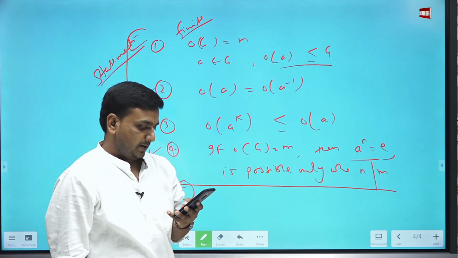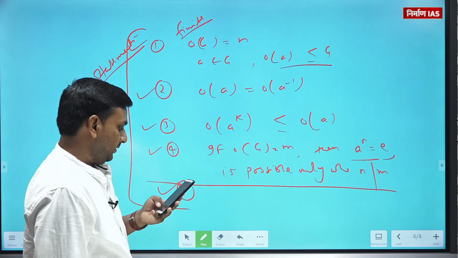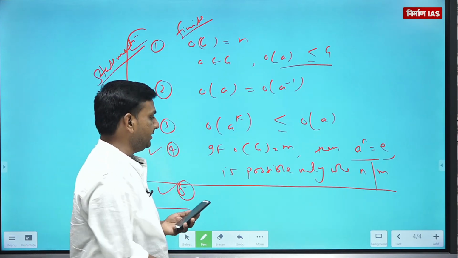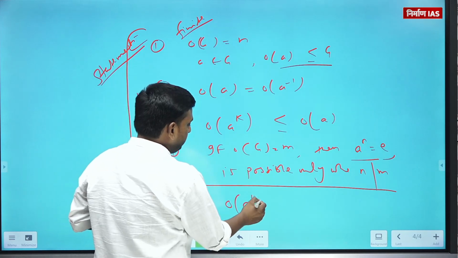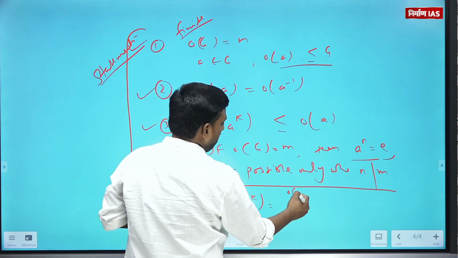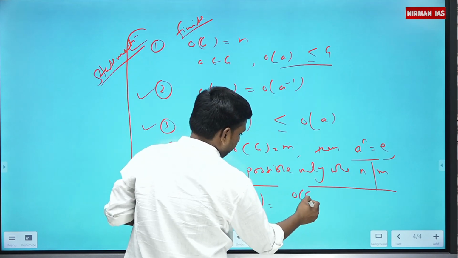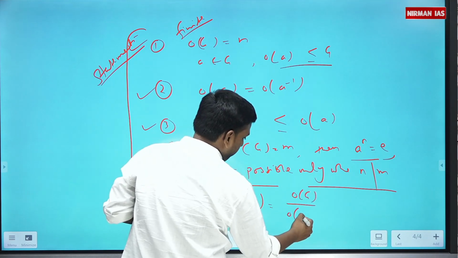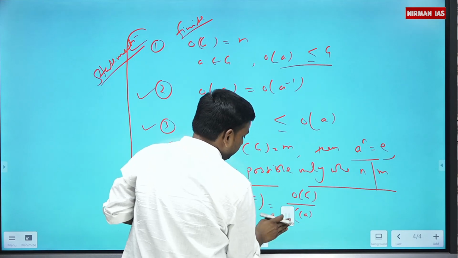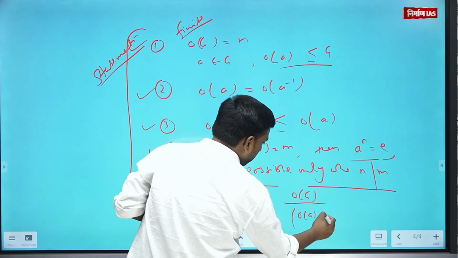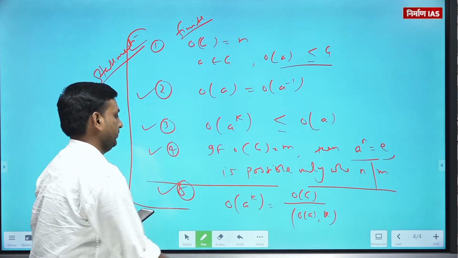And one most important point is also there, regarding the integral power that I just told you: the order of a raised to the power k is the order of a upon GCD of order of a and k.